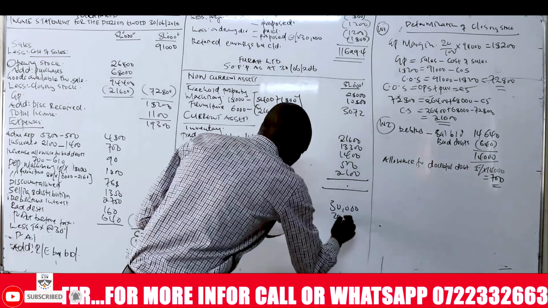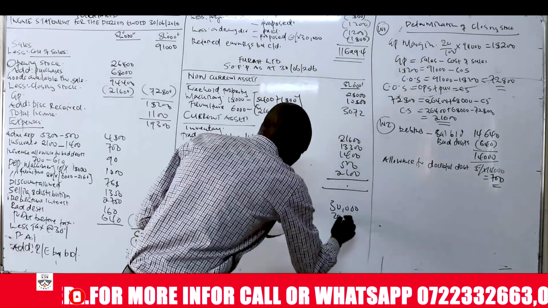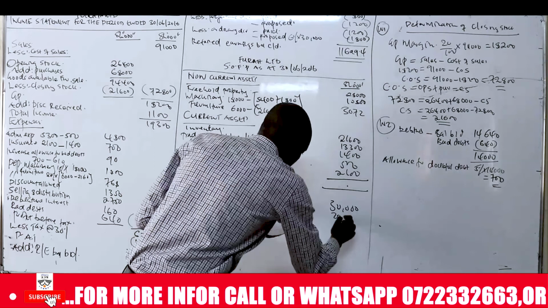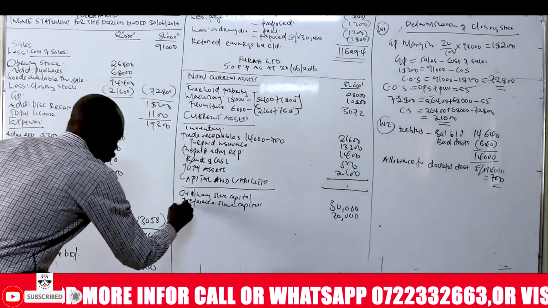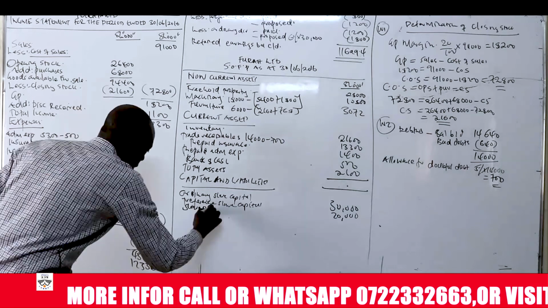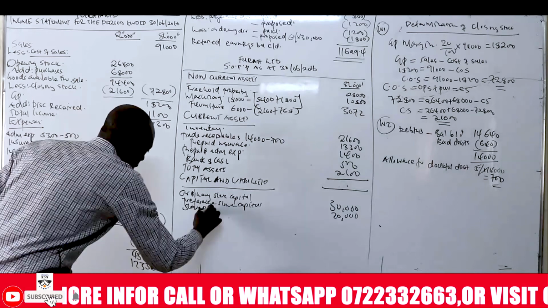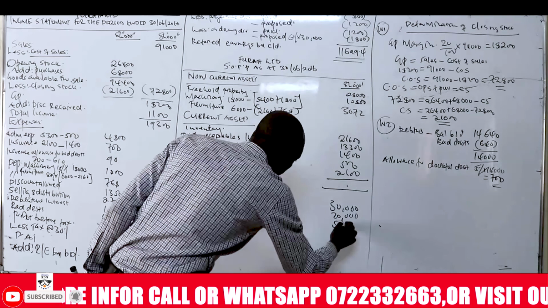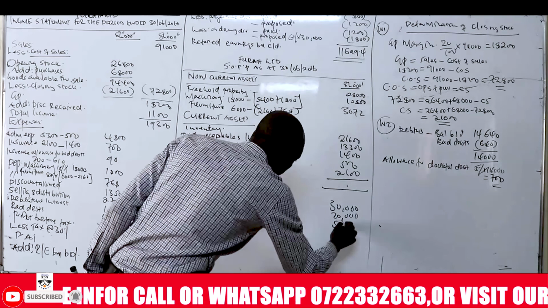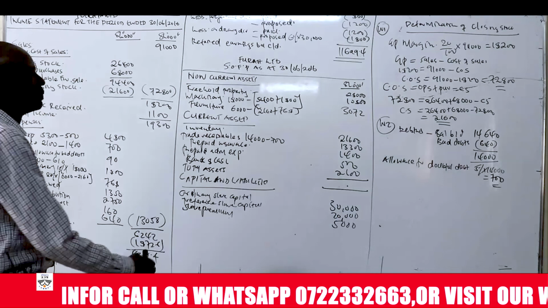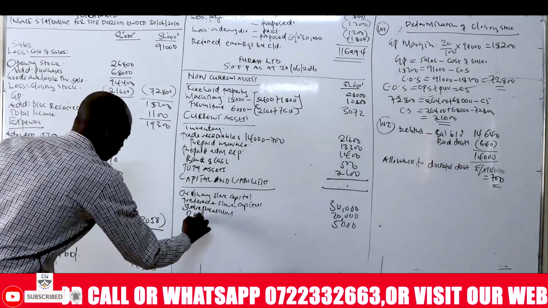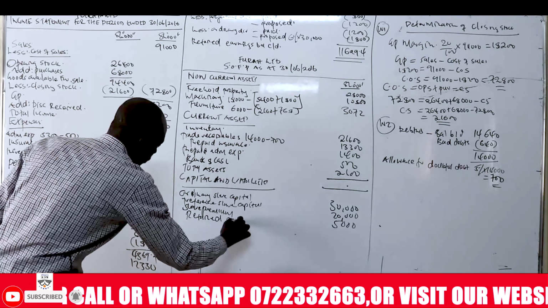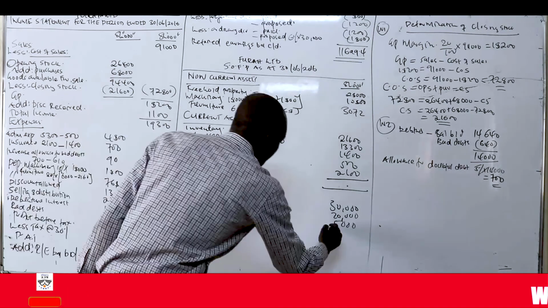And then we have which other? Share premium. 5,000. Retained earnings. 11,699.4.